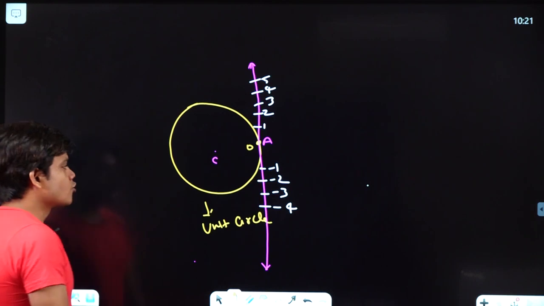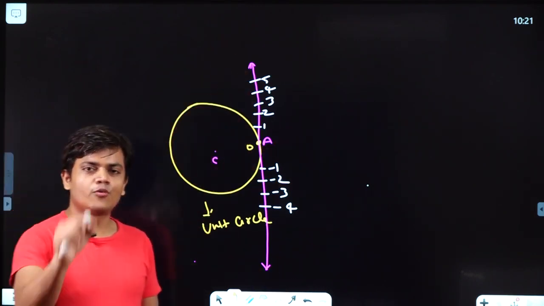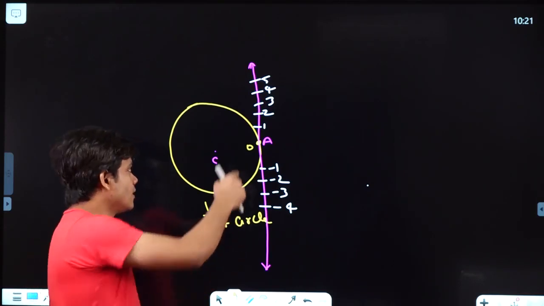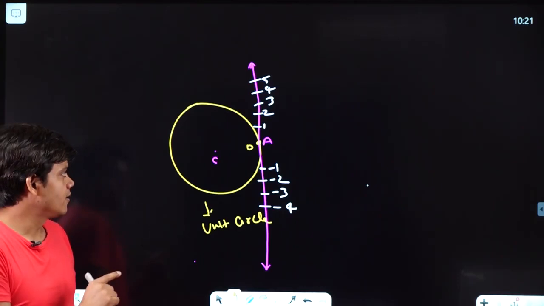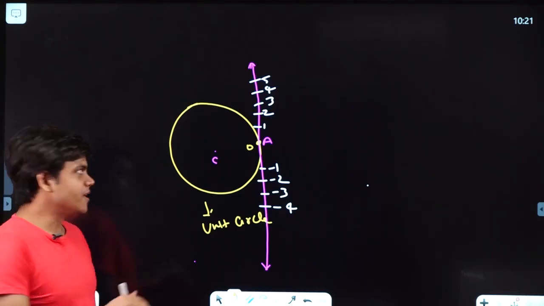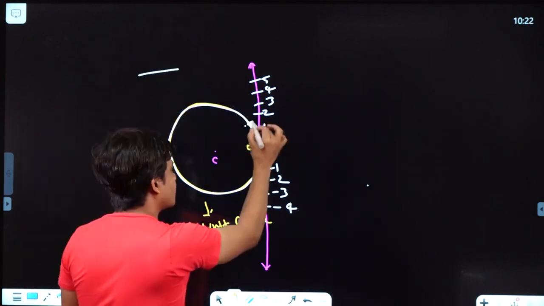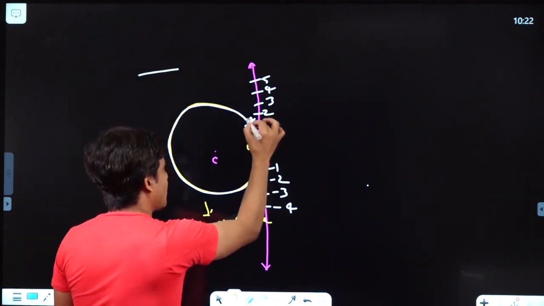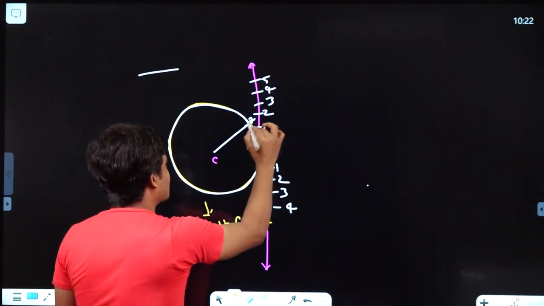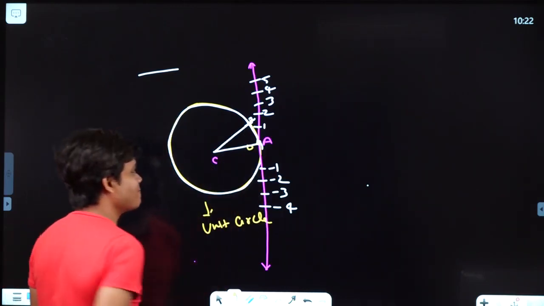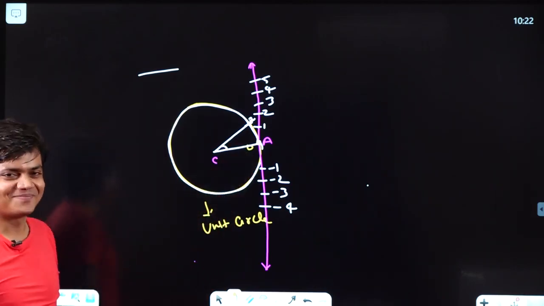Okay, so corresponding to every real number, we have the points on the circle, and that is going to make the radian angles. Think, we are going to roll this. One time this point will be over here. If we join this point with this, then certainly this angle will be 1 radian.